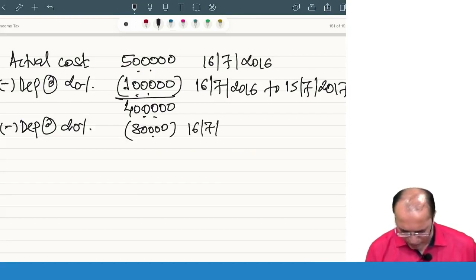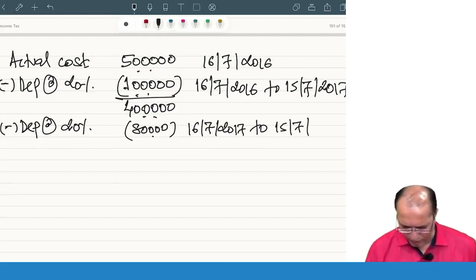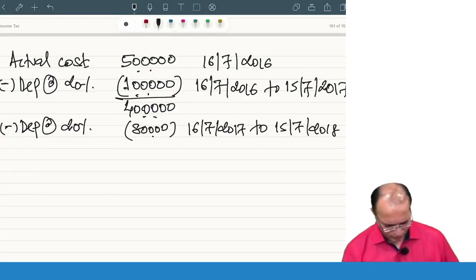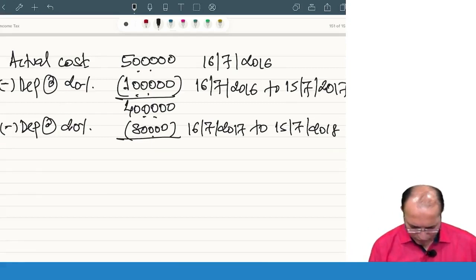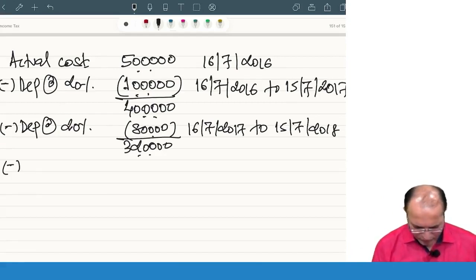From 16 July 17 to 15 July 18. WDV will be how much? 3 lakh 20. Once again, you deduct depreciation at the rate of 20%.